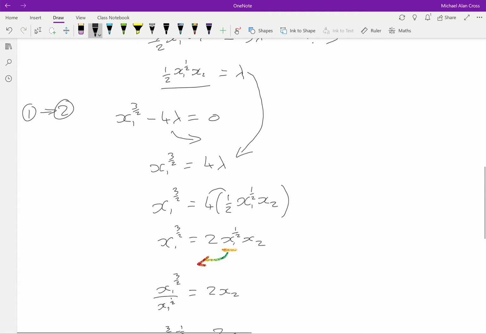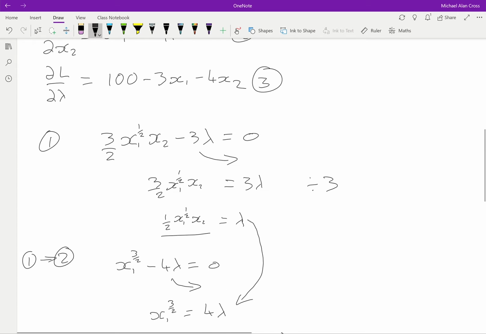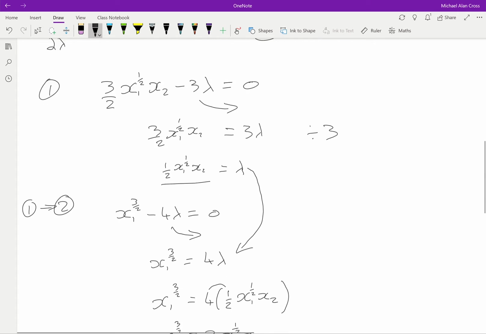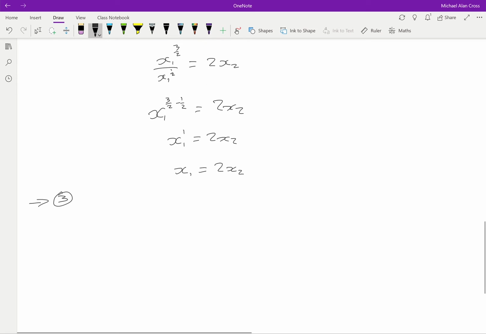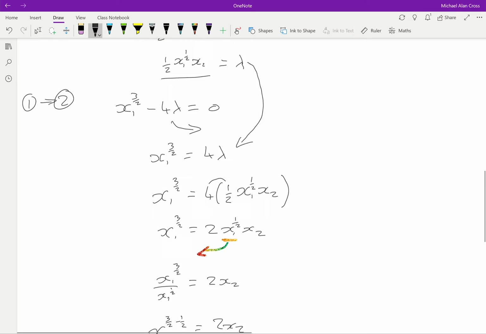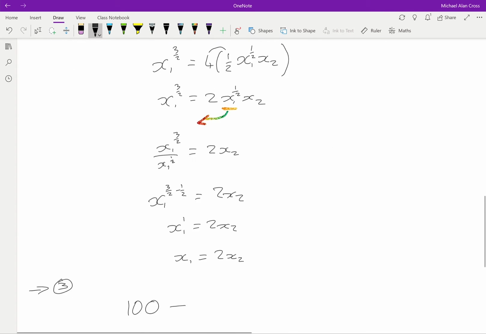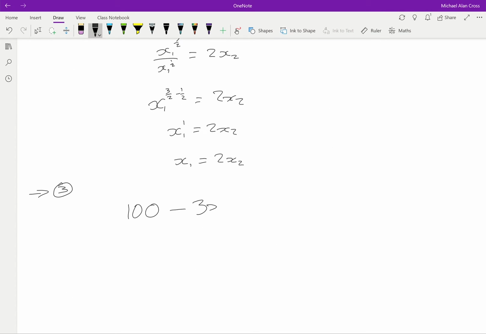So equation 3 was basically the rearranged constraint. So 100 minus 3x1 minus 4x2 equals 0. And I'm going to put this here instead of x1. So 100 minus 3 times the value of x1 equals 0.